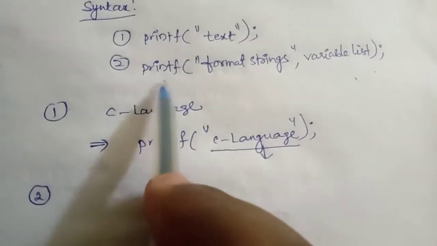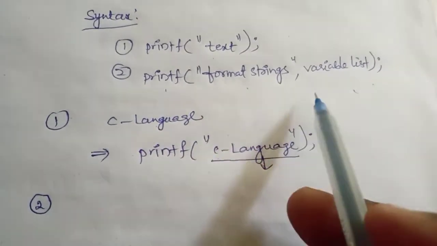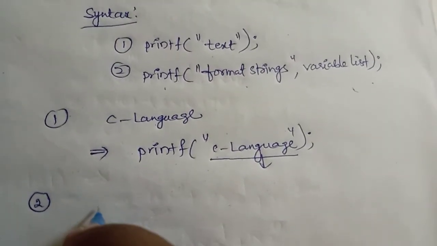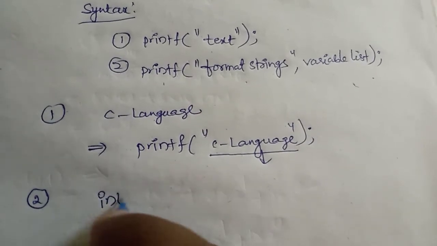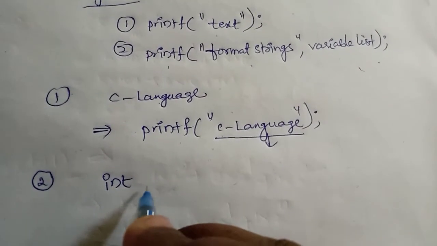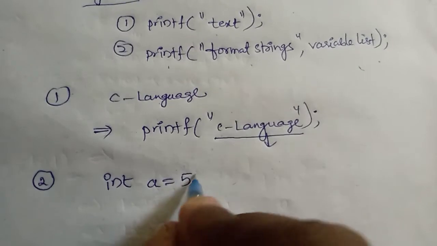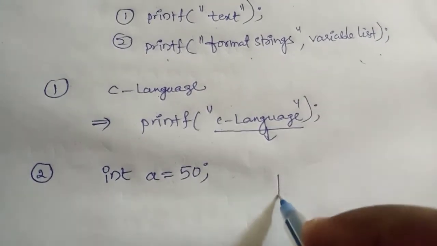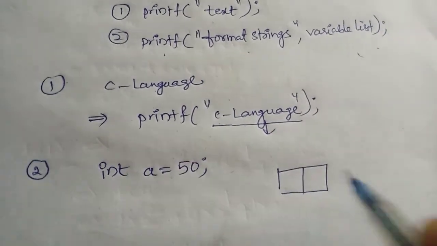And the second one is very important. This second syntax is used to print the values present in a variable. For example, I am storing a value of integer type, int a equal to 50. After giving this value in memory, it will take 2 bytes.